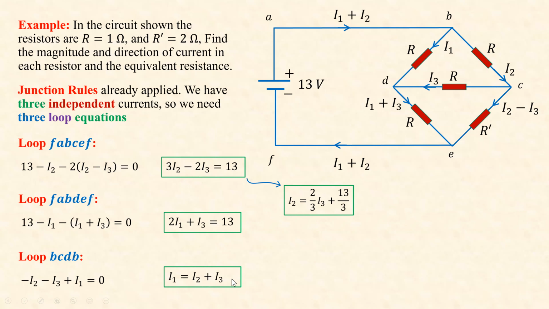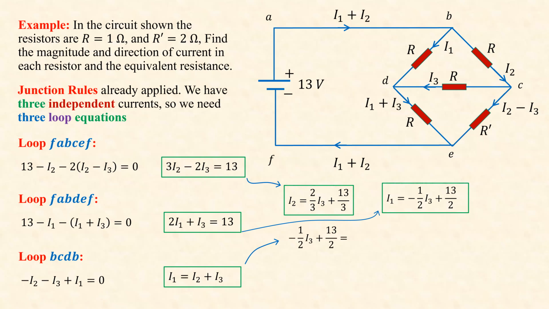So this one, solving for I2 becomes 2 I3 goes over, and then divide by 3. We get I2 equal to 2/3 I3 plus 13/3. And here becomes negative 1/2 I3 plus 13/2 for I1. And then we can put them in here.